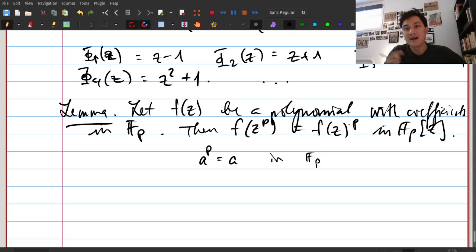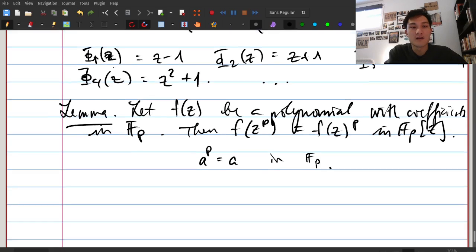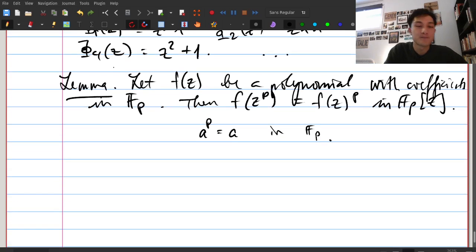So, as functions, this is sort of trivial, but what we're actually saying is that these two polynomials are equal in the ring of formal polynomials. They have the same coefficients. Okay? All right, so we are going to use this fact later on, but it's not just a direct consequence.